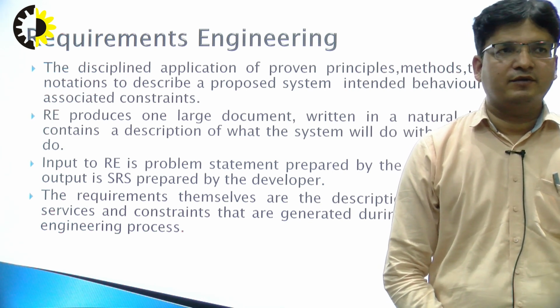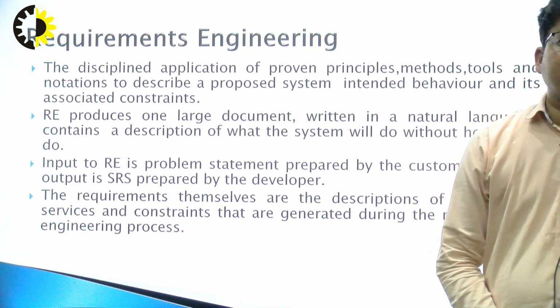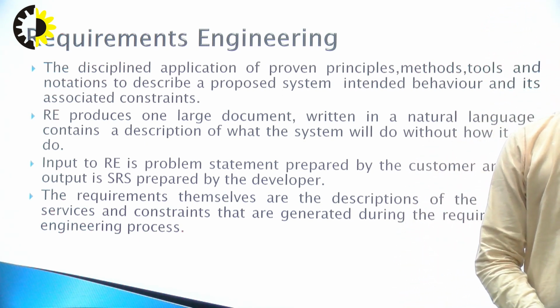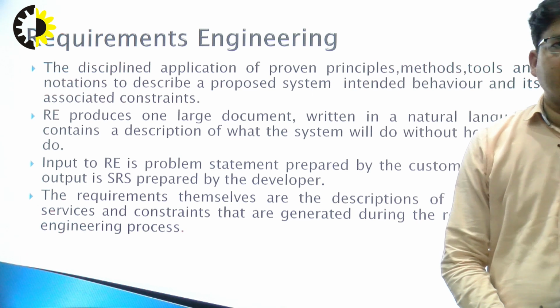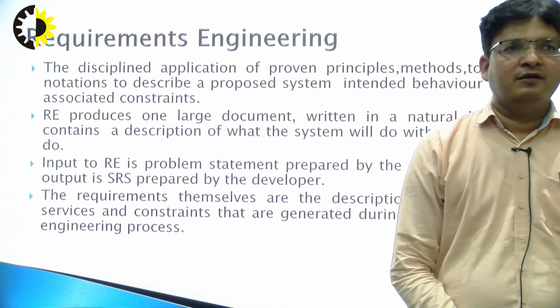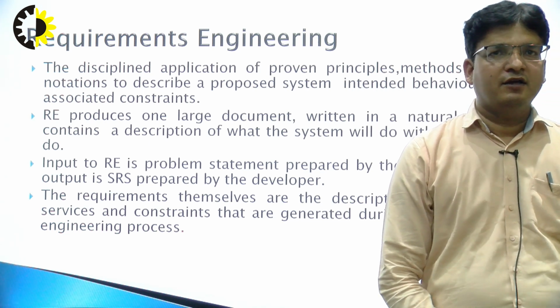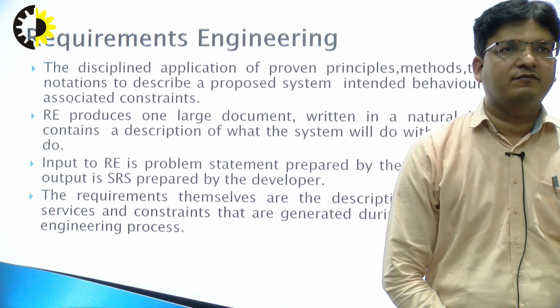the customer. Requirement engineering produces a large document that is written in a simple, natural language like Hindi, English, French, etc. And it contains a description of what the system will do without explaining how the system will do it.